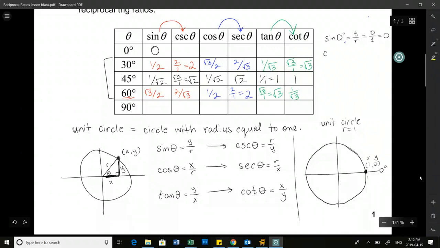Now, if I try to do the cosecant of 0, I'm doing r over y, which gives me 1 over 0. What do we know about the value 1 over 0? That is, yeah, not possible. So it's actually undefined. So we'll just put u for undefined.